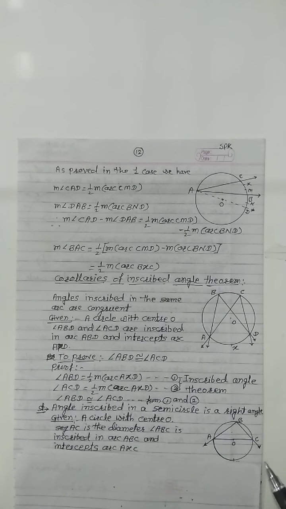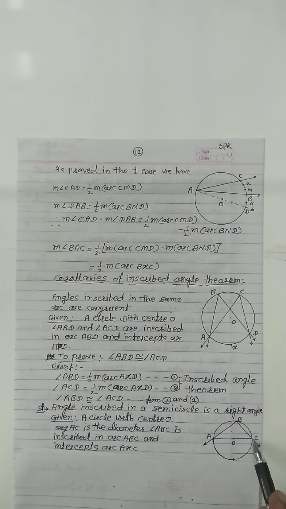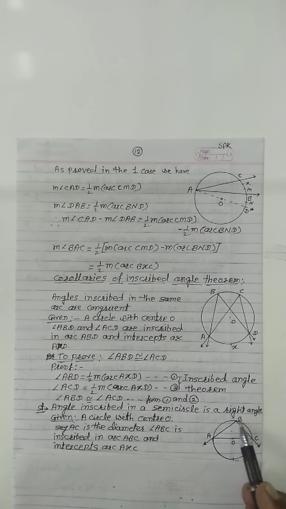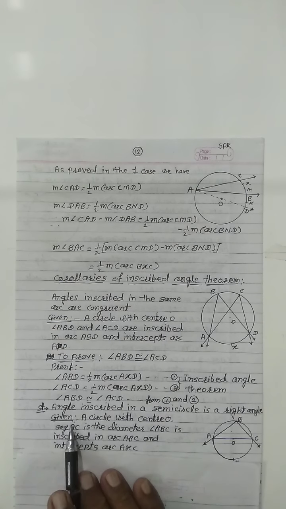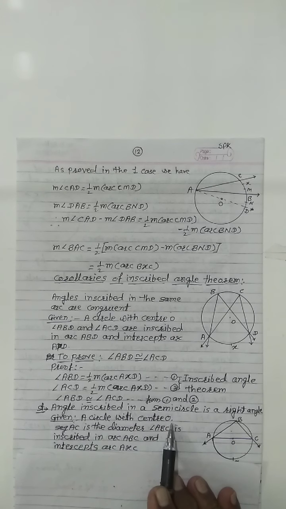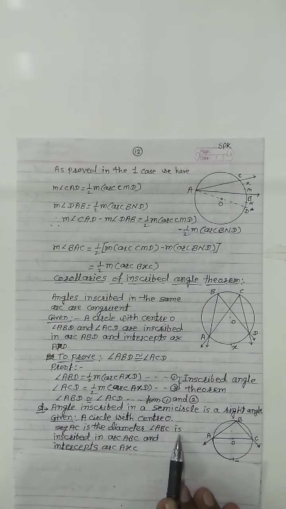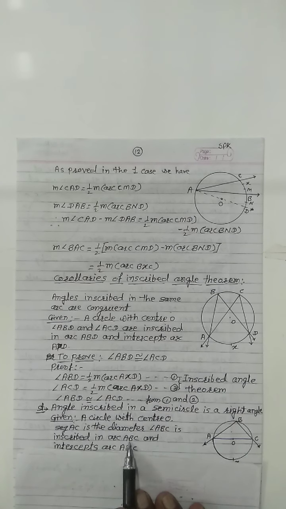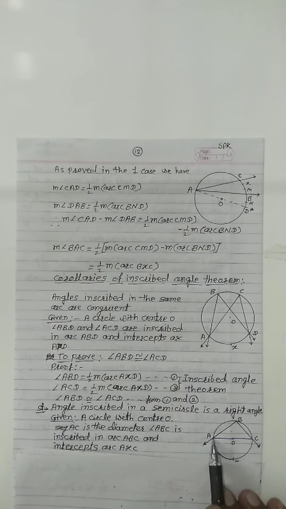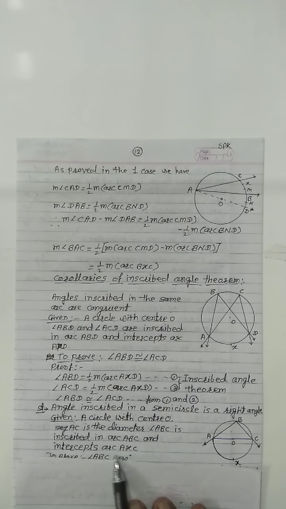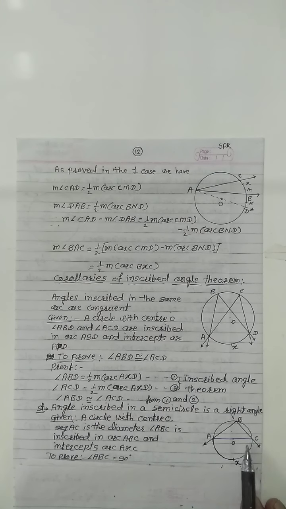See in this figure AC is the diameter and this angle ABC is inscribed in this semicircle. Given a circle with center O, segment AC is the diameter, angle ABC is inscribed in arc ABC and intercepts arc AXC.